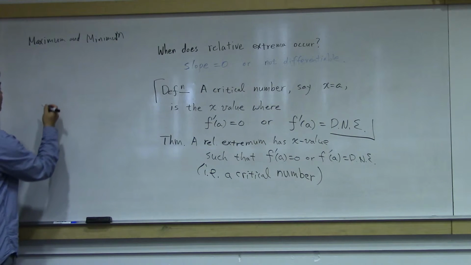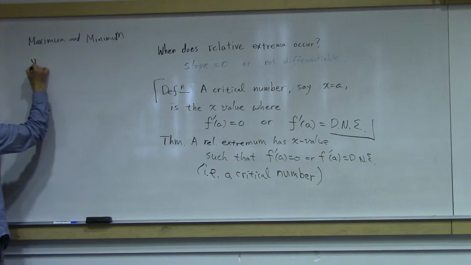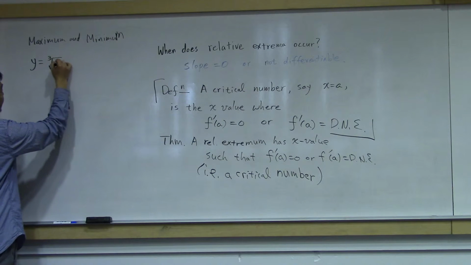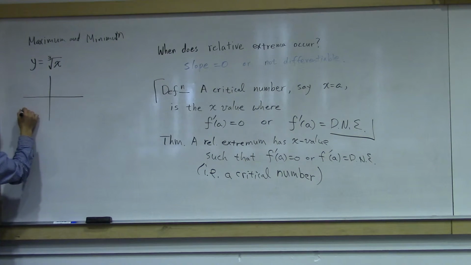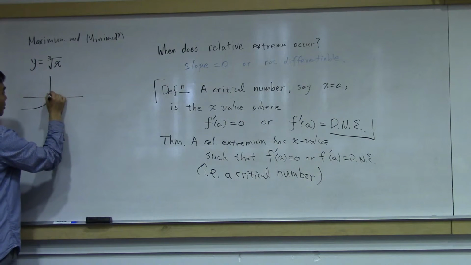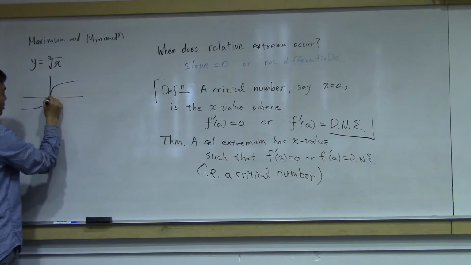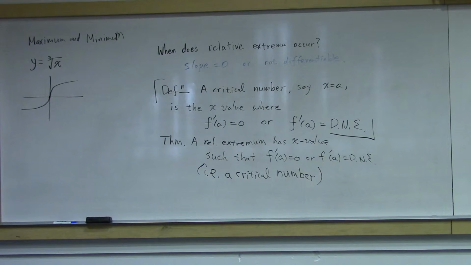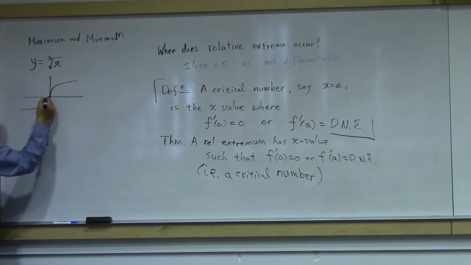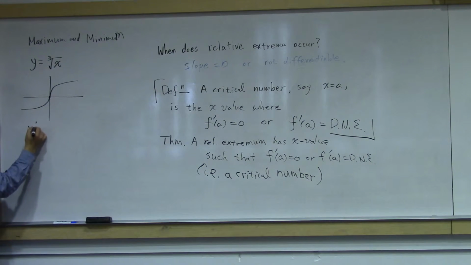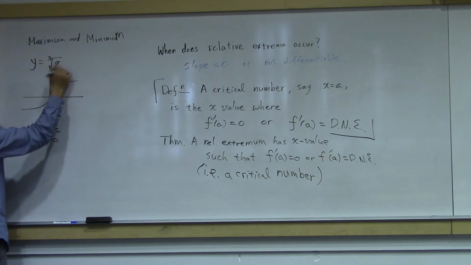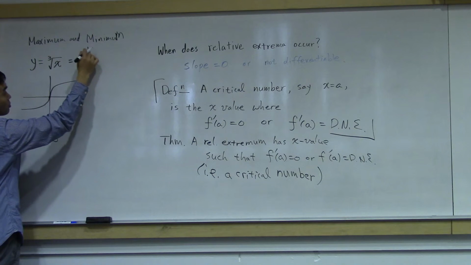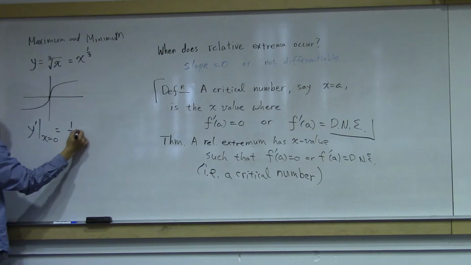So think about the following example. If you have y equals cube root of x, the graph has a point where you can't differentiate right here. Okay? The graph looks like that. And if you try to evaluate y prime at x equal to 0, see what happens. This is x to the 1/3 power, so 1/3 comes in front.